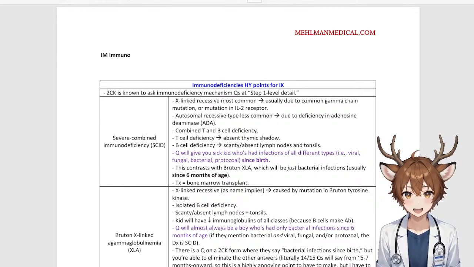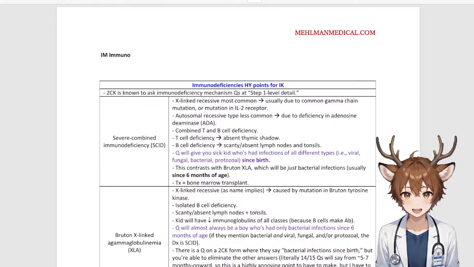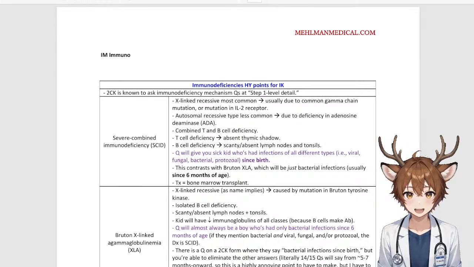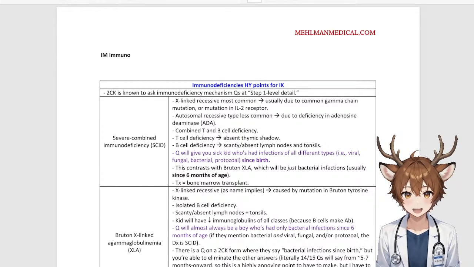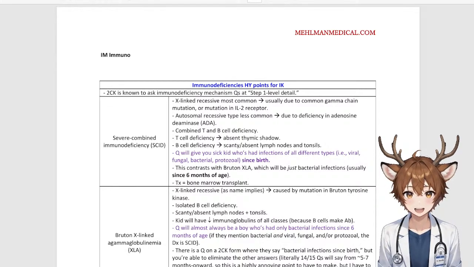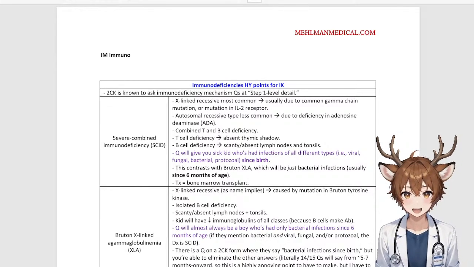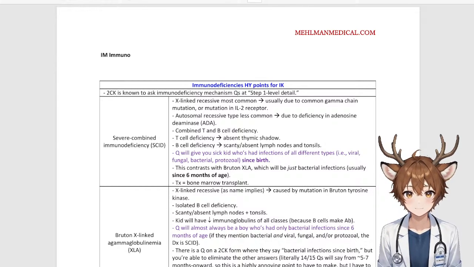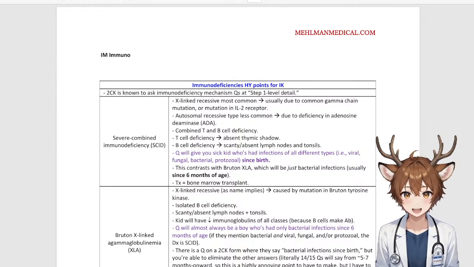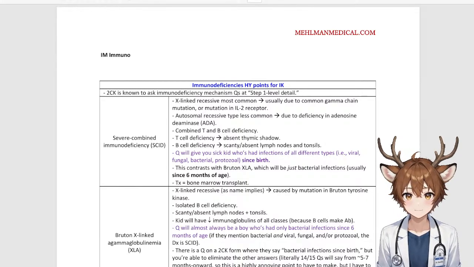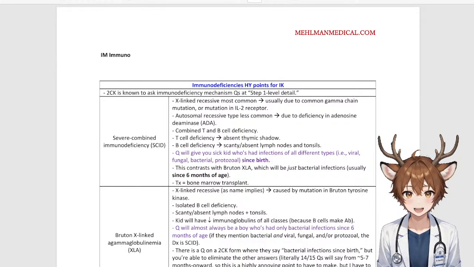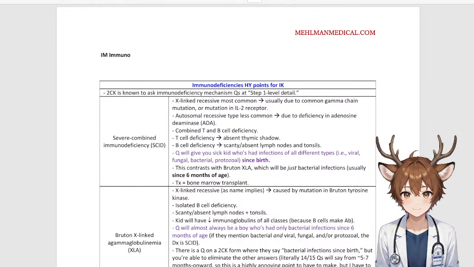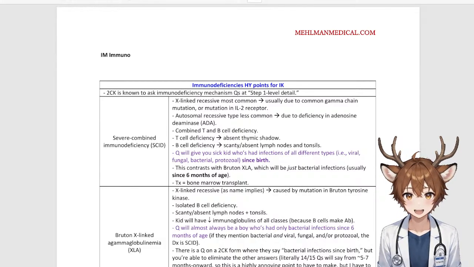Question will give you a sick kid who's had infections of all different types, that is to say, viral, fungal, bacterial, protozoal since birth. This contrasts with Bruton XLA, Bruton's disease. What does XLA stand for in this case? Bruton X-linked agammaglobulinemia.